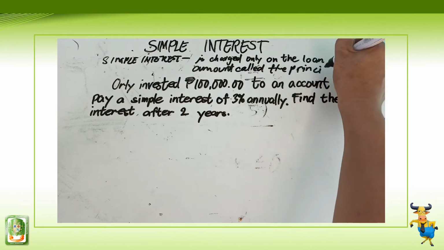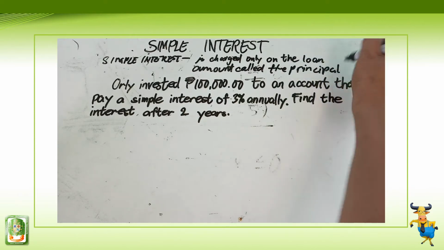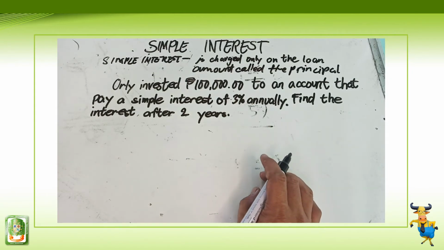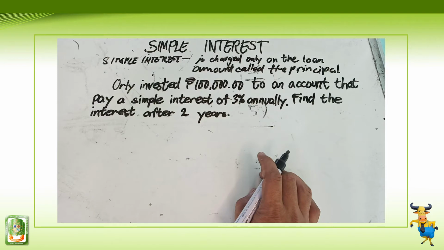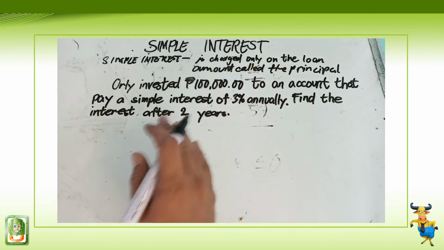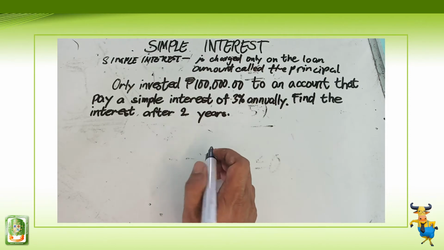So, yan po ang definition ng simple interest. Is charged only on the loan amount called the principal. So, the interest on the interest previously earned is not included.